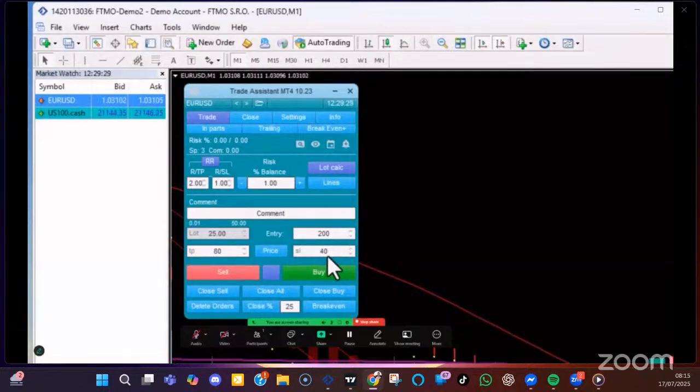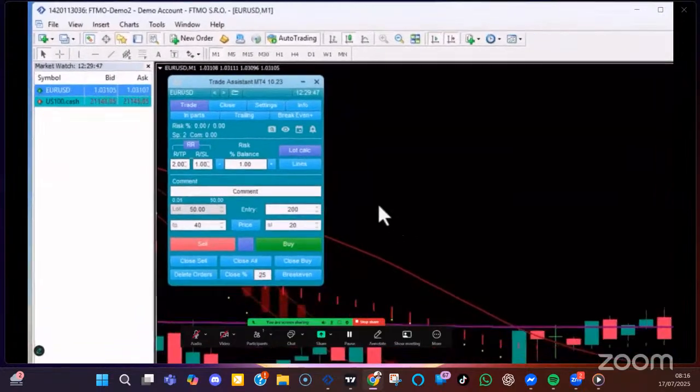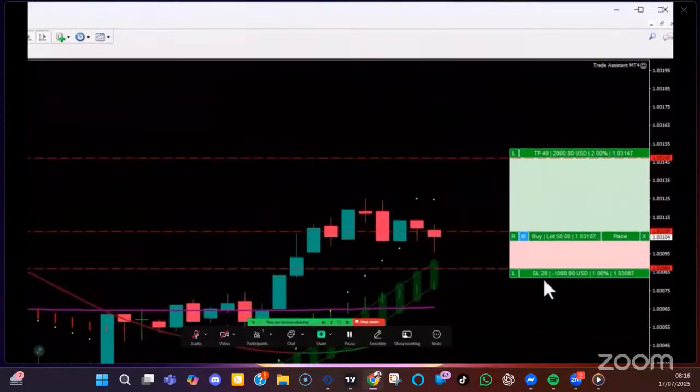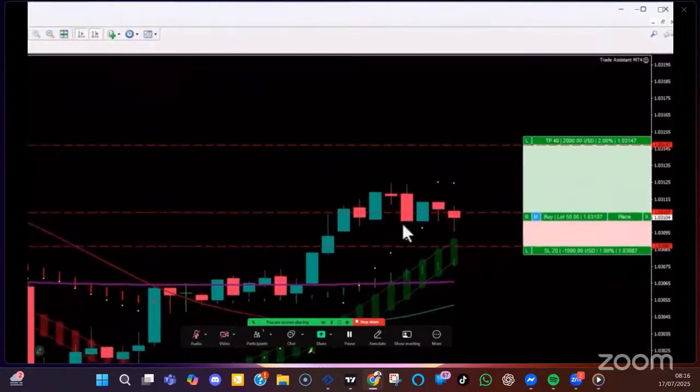In this example it's Euro USD, but it could be Euro GBP or any currency pair. So let's just put that back to 20 for our 2 pips. We'll click off here, and now we'll just put the lines on so that you can see that is showing us 2 pips over here on the actual tool, ready to actually get involved with a trade if that's what we were going to do. But that's not what we're here for now.